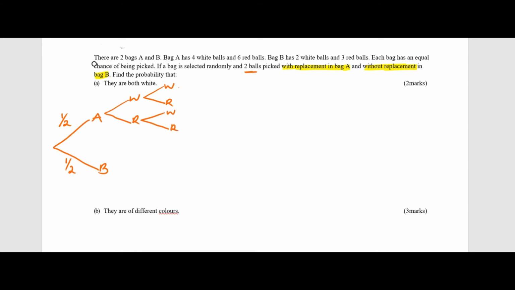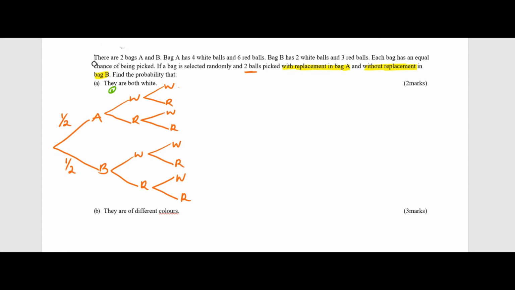Then in bag B, again we select 2 balls, so white, red. Then the second ball, white, red. Then this branch, white, red. So this is the first ball, and this one is the second ball. So kindly note that.